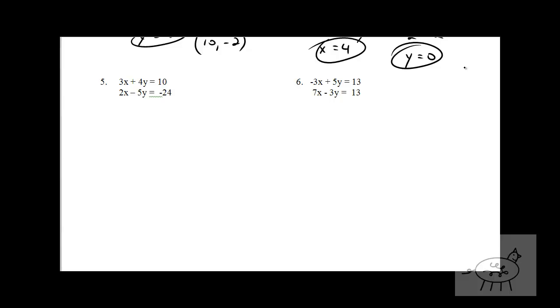But if they're already positive and negative, I don't need to multiply by anything negative, because they're already opposite, at least as far as the signs go. I'm looking for something opposite. In this case, it's going to be the y's. A good rule of thumb is the lowest common number that 4 and 5 go into is 20.